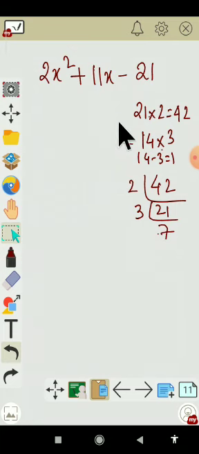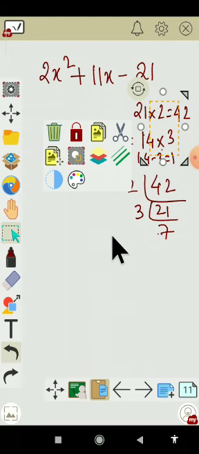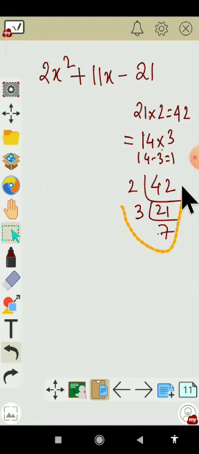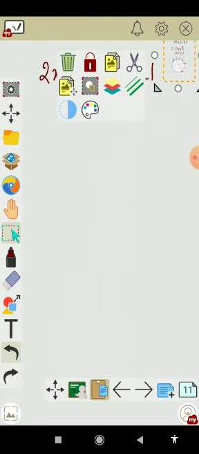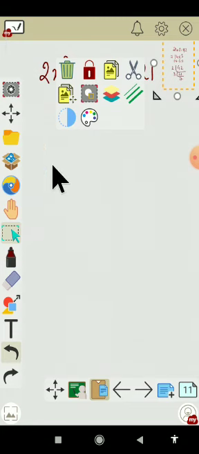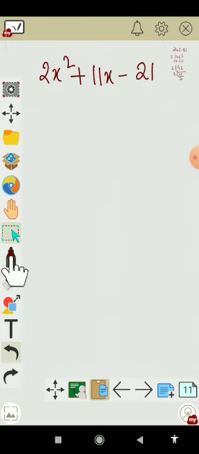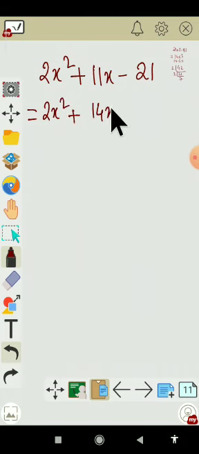So here this middle term 11x we have to split. This is the rough part, so keep it aside. So we will split the middle term as 14x minus 3x.